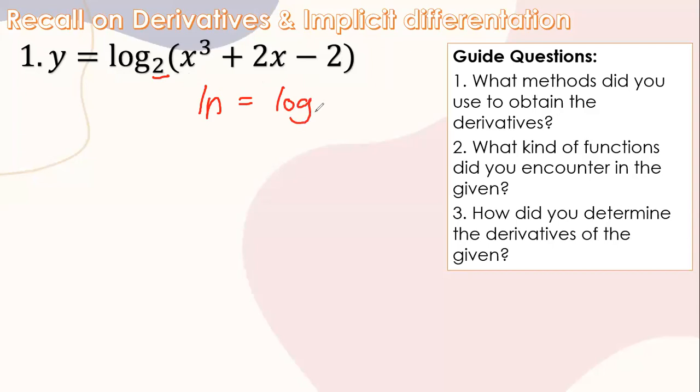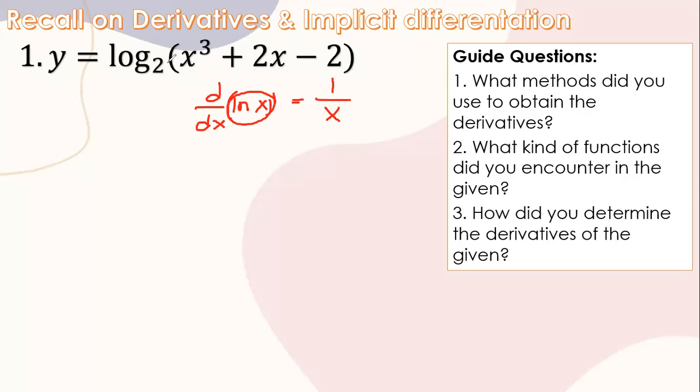Kapag ganyan, ln of x, pag kinukuha natin yung derivative nitong ln x, that is simply 1 over x. So parang mapupunta sa denominator yung kasama ng ating logarithm. Okay? Or ni ln.